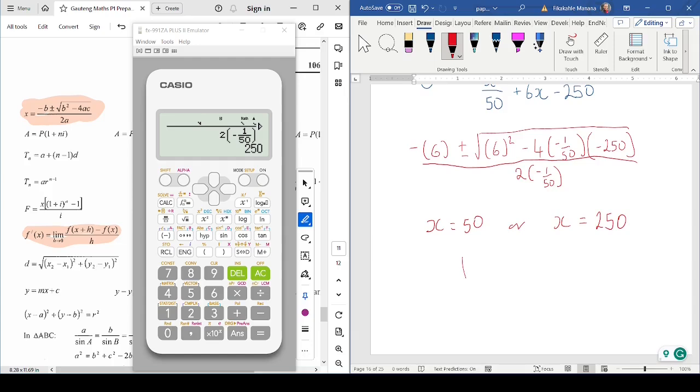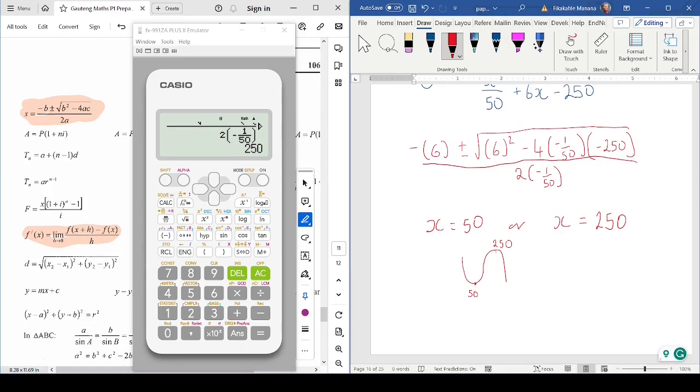Remember that our negative graph is like this. The small number should be on the left, which is 50, and then the bigger number should be on the right, because 50 comes first when you're using a Cartesian plane, starting from 0 going to infinity. So it's 50 and 250.